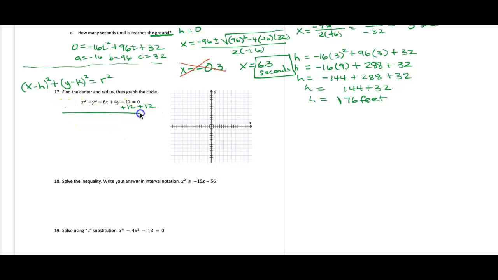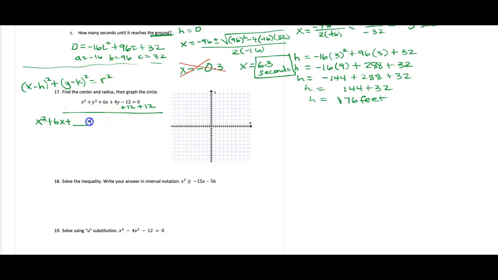Okay, and so I'm going to rewrite this way. I'm going to have x squared plus 6x plus blank, and I'll come back to that in a second.